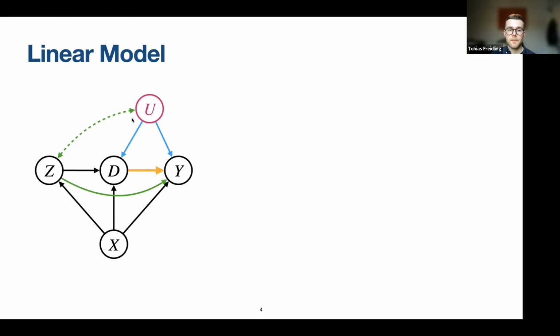And the big issue here is that there's this unmeasured variable U around. For the sake of this talk, it will be one-dimensional.